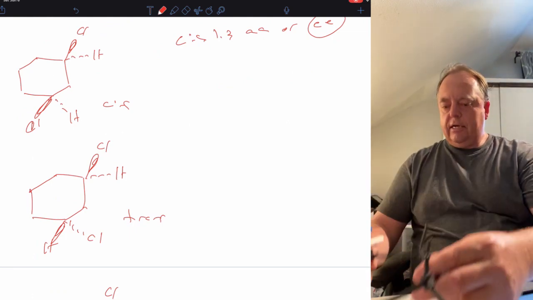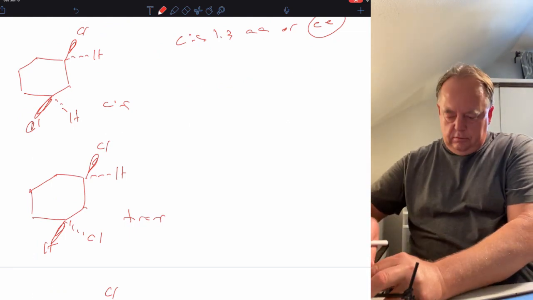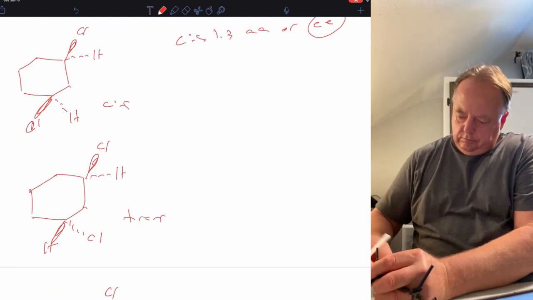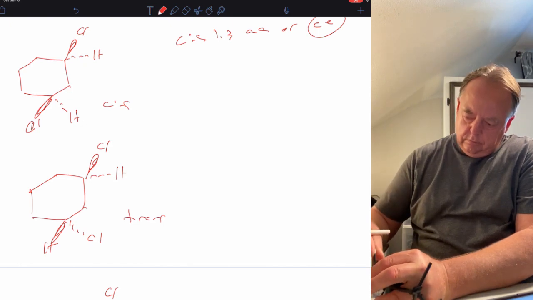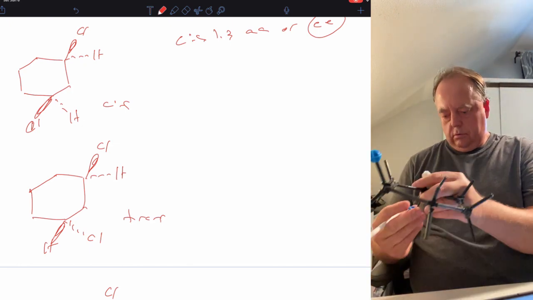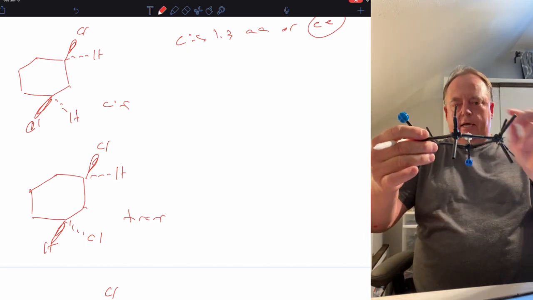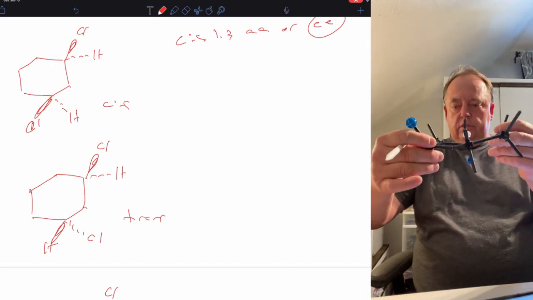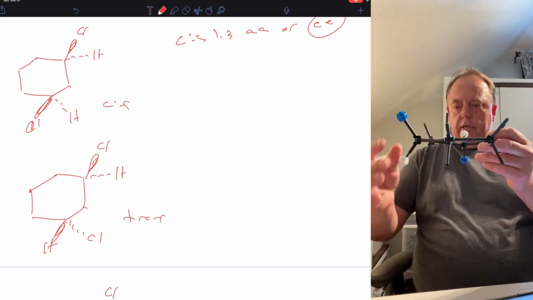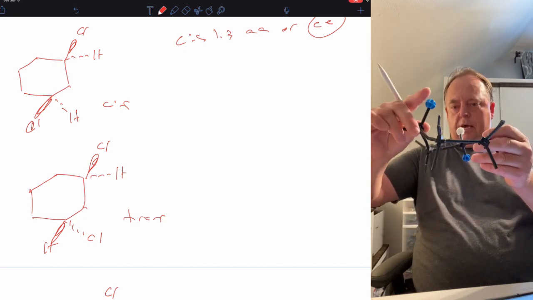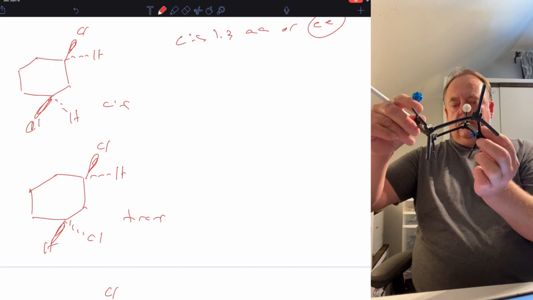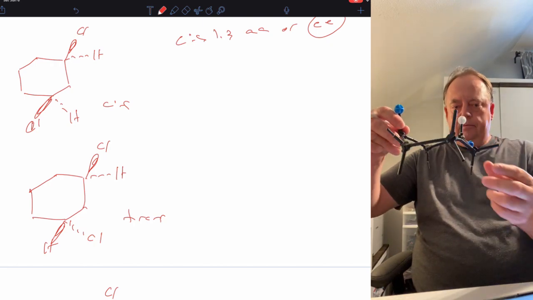So if we had the trans isomer instead, so now that's trans because one of the chlorines is on top of the ring and one is on bottom. And if we put that in a chair, then that one's going axial and this one's going equatorial.